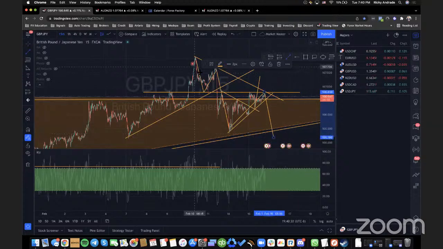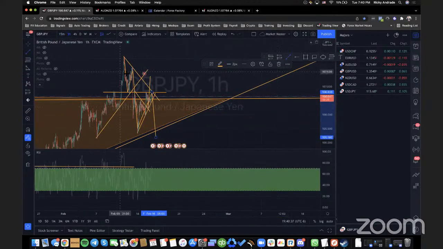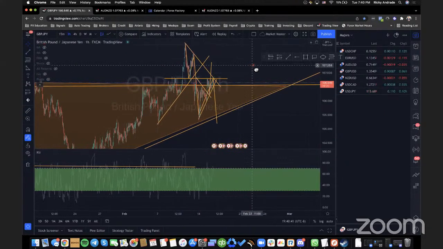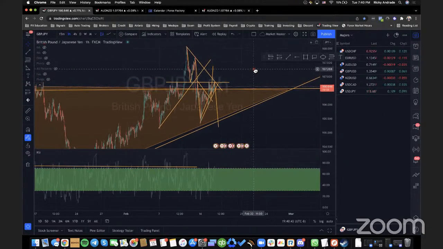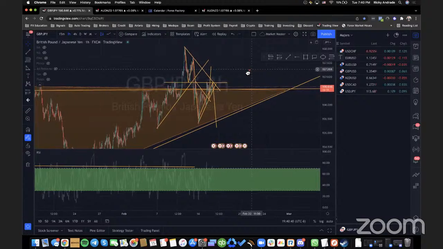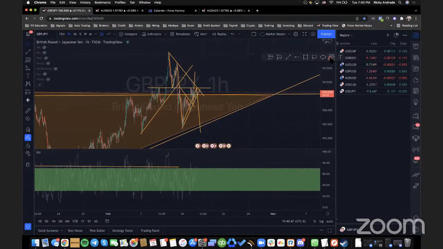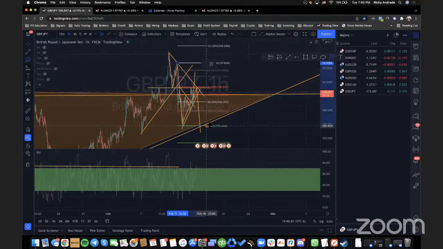Let's check out the fibs right here, actually. Okay, so high to low. So that's good. Price is at that 50, 61.8.